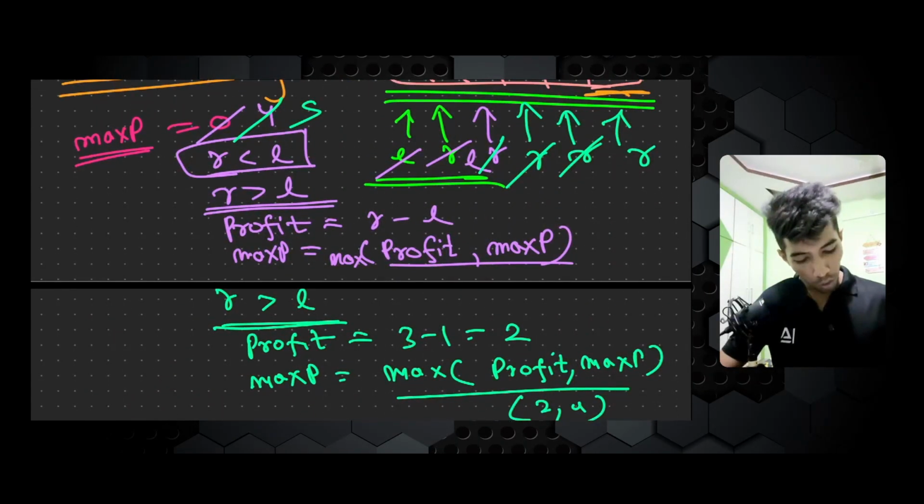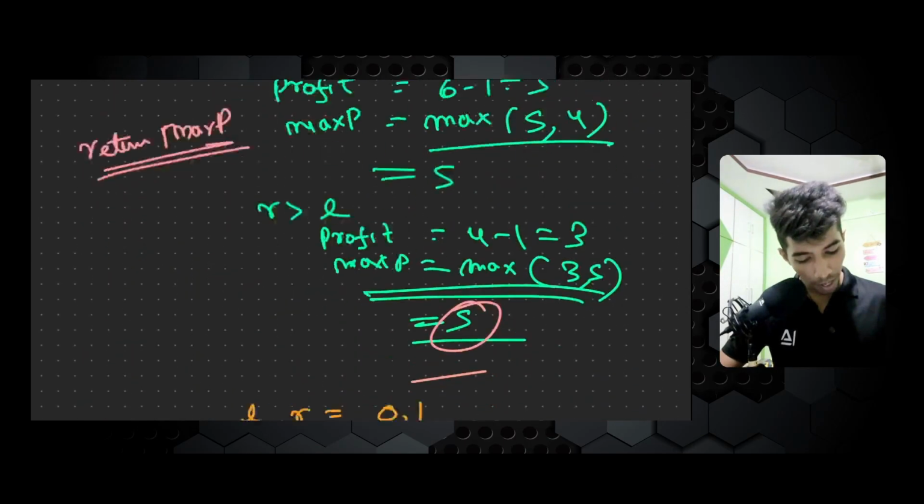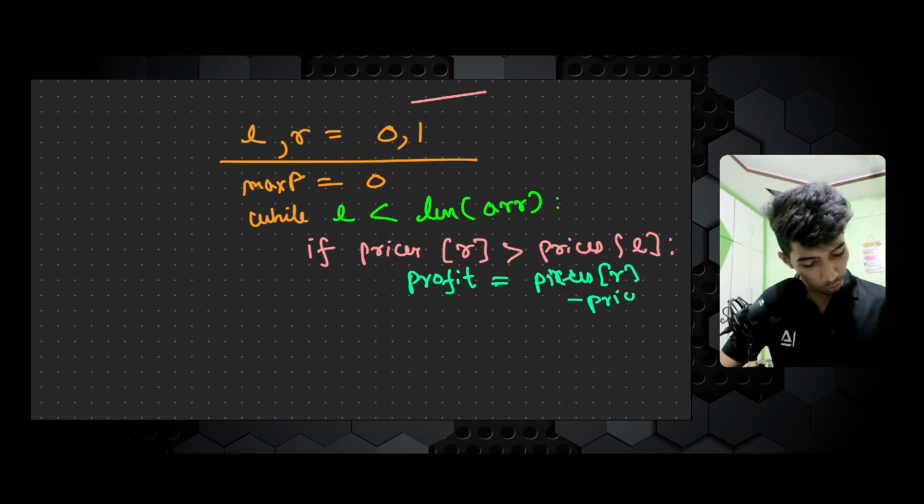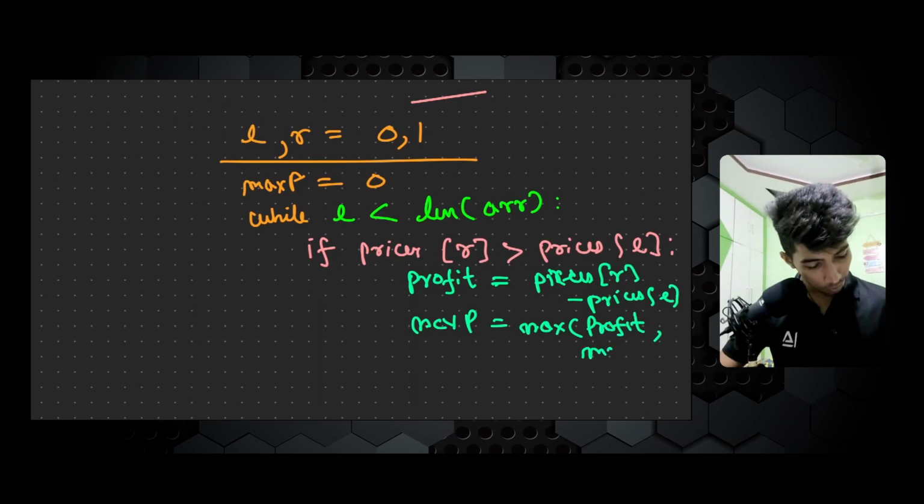Here, if my prices of R is greater than prices of L, then we are calculating the profit, and my profit will be nothing but the prices of R minus prices of L, and then we are updating the max P as max of profit and max P.